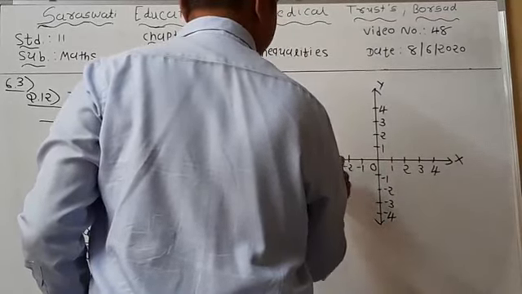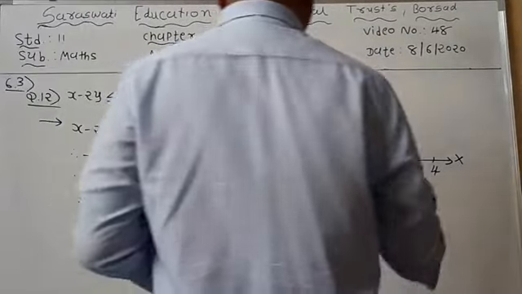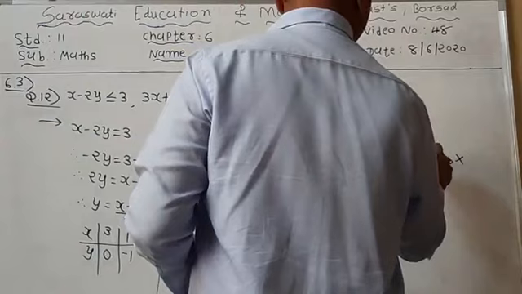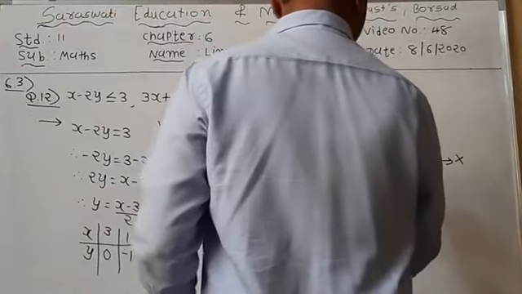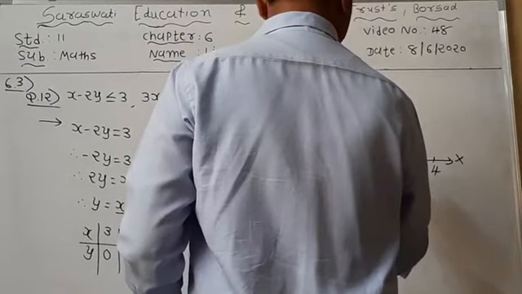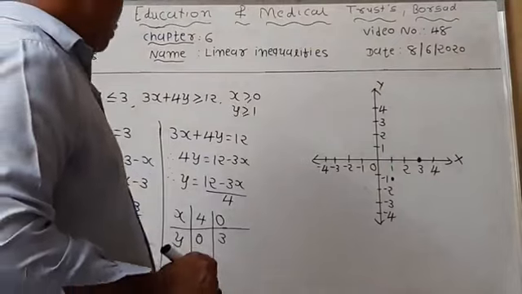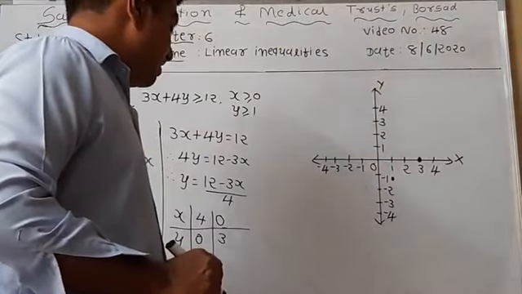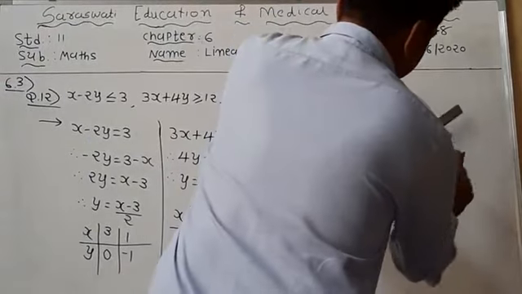Now the first point is 3 comma 0, so in x and y coordinates this point is present here. Another point 1 comma minus 1, so this point is present here. In x axis 1, y axis minus 1. Now join both these points. Here the less than equality form is present, so join this line.